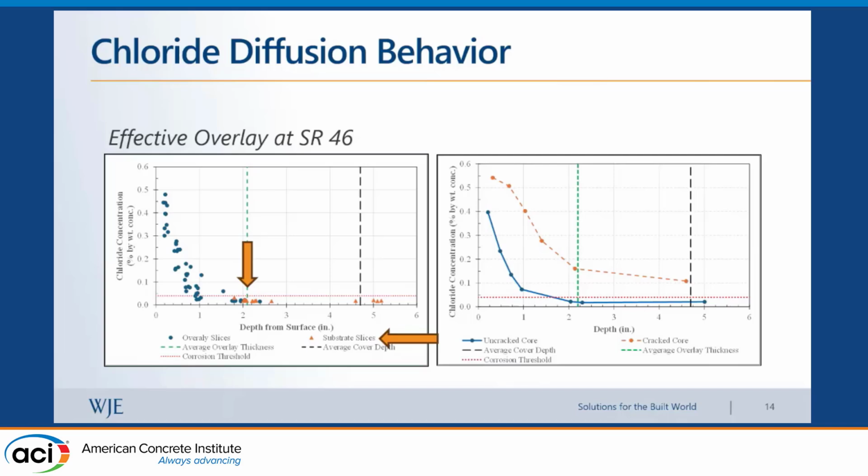But beyond that, there was minimal chloride concentration. So in the substrate concrete, below the overlay, there weren't many chlorides that got into the bridge deck at an age of 25 years. And also, of course, at the bar depth, we don't have much chloride concentration. So the risk for corrosion initiation was identified as very low at those locations.